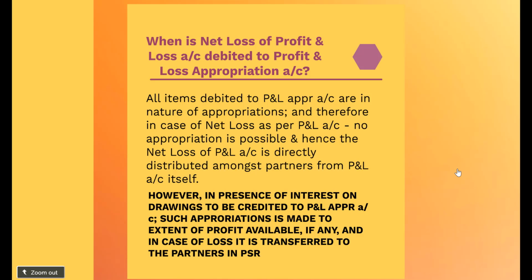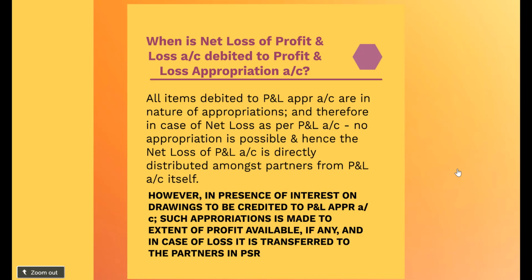When there is a net loss as per the profit and loss account, no appropriation is possible, and therefore in case of net loss, the loss will be distributed among the partners from the P&L account itself. However, there is one instance when the loss as per the P&L account will be brought down to the debit of the profit and loss appropriation account.